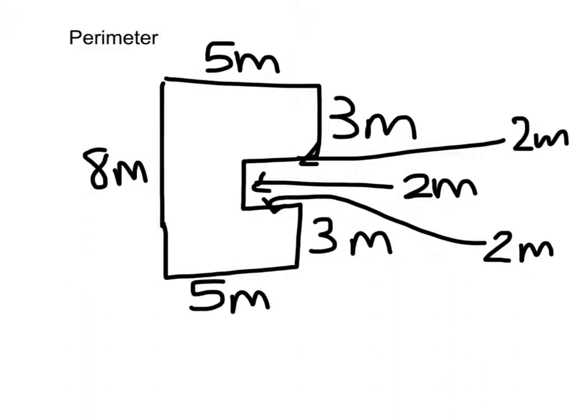So to work out the perimeter of this shape, we'd have to add up all of these numbers together to see what the total distance was around the shape.